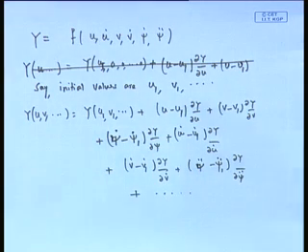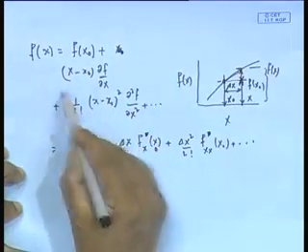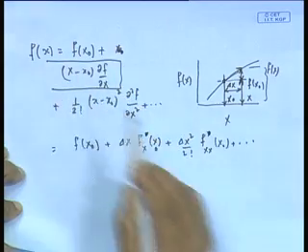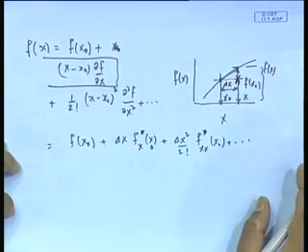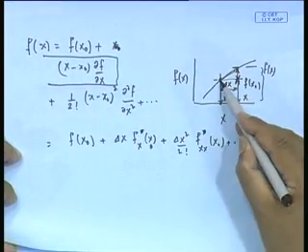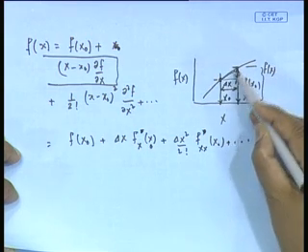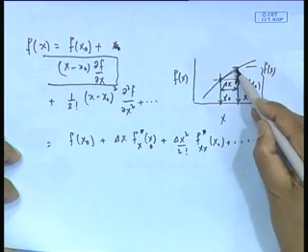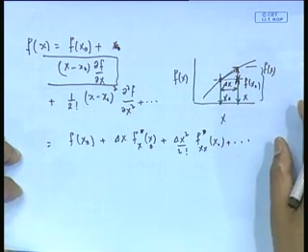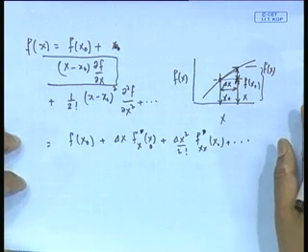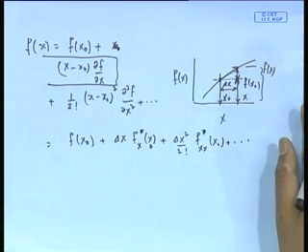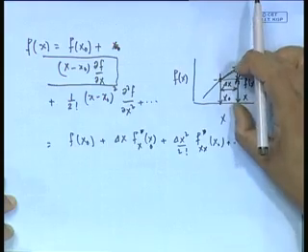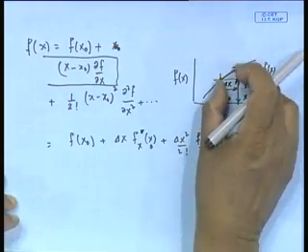See here, if I took only up to linear order, that is only up to the linear term. That means I am presuming that the change is very small, and therefore I can estimate the function simply by the value here plus distance into the slope. I am expanding the function by only a linear term, or you can say a first order approximation, which means the value here is the value here plus this distance into the slope.